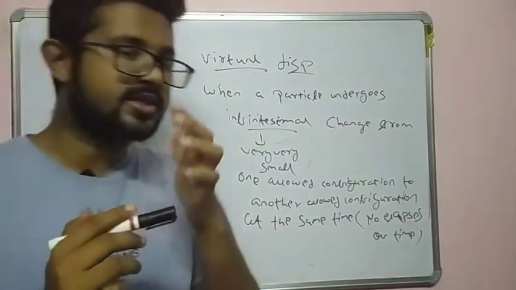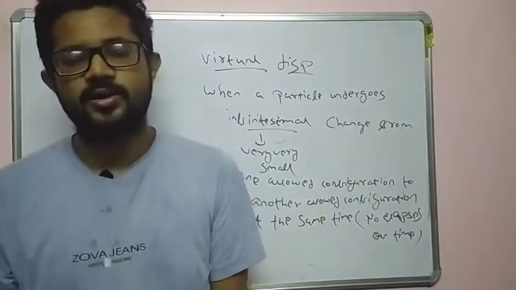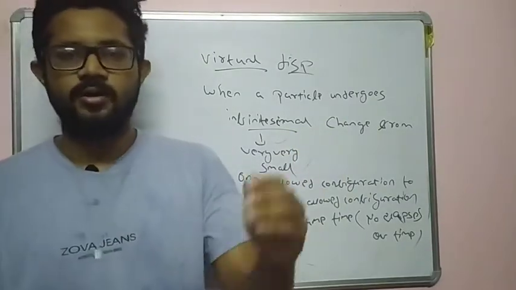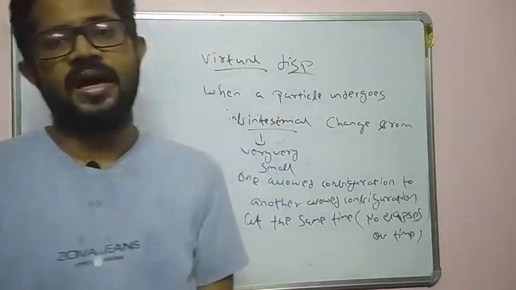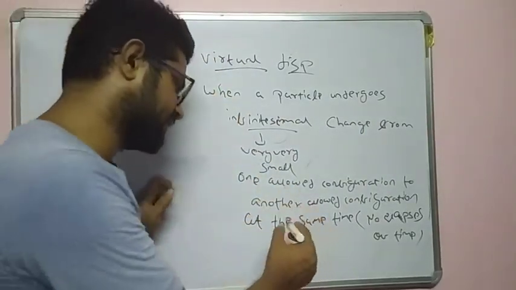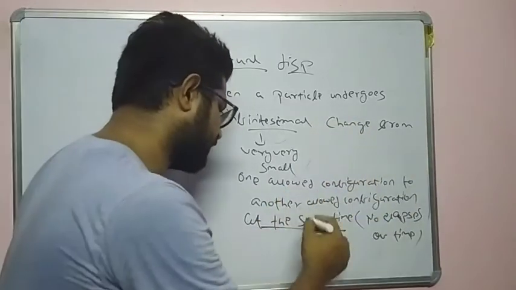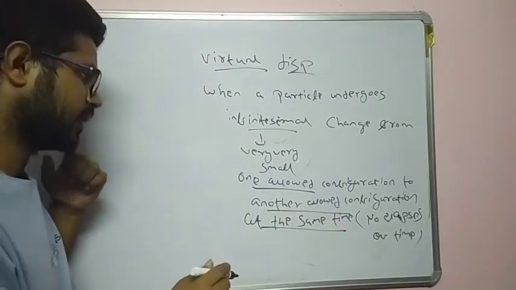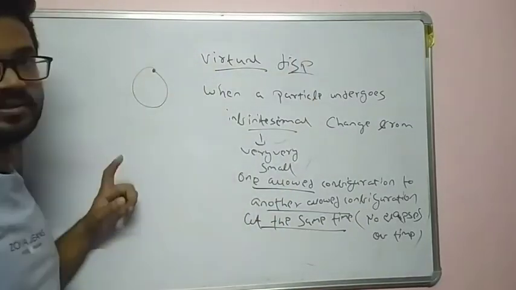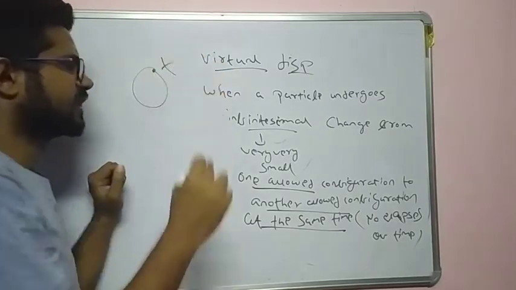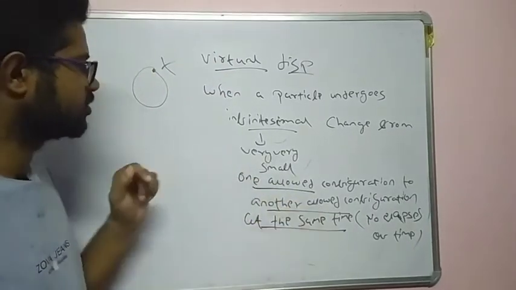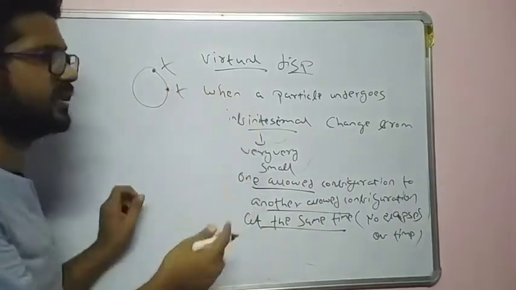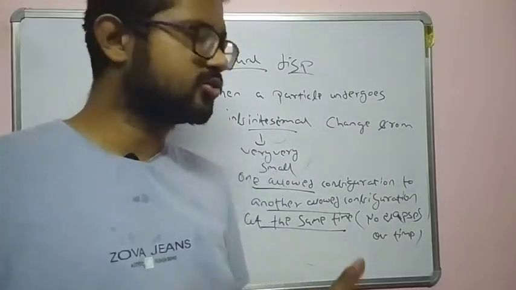You can understand it if I give a summary. When a particle undergoes an infinitesimal change, meaning a very small change, from one allowed configuration to another allowed configuration at the same time, say at time t in both, the time difference is 0, so there is no elapse of time.